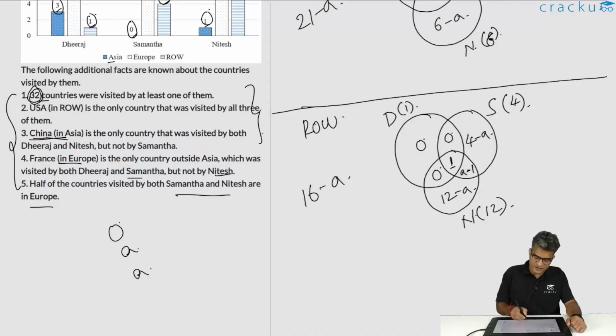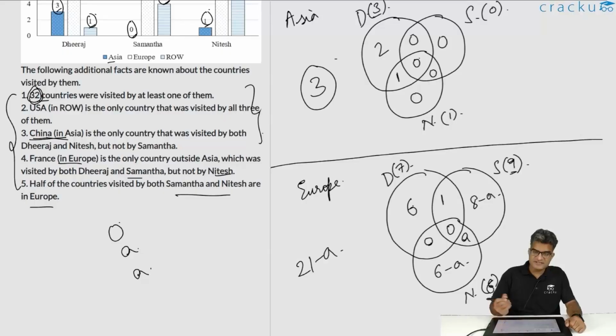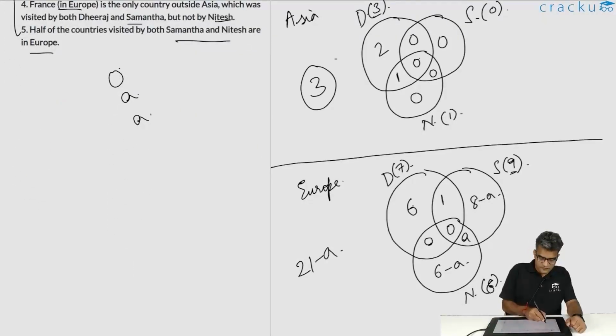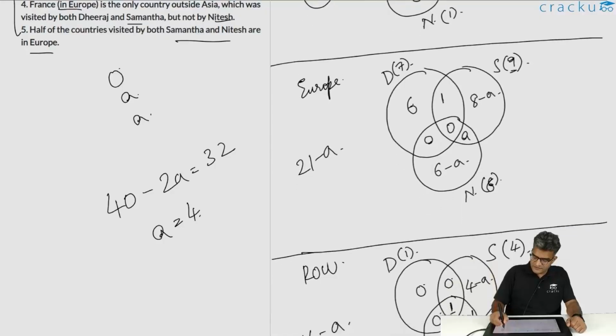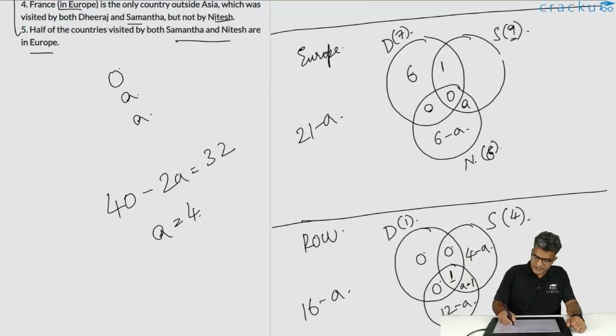The sum of all 3 of them has to be equal to 32. 21 minus A plus 16 minus A is 37 minus 2A. Plus 3 is 40 minus 2A. So 40 minus 2A is equal to 32, or the value of A is equal to 4. Once you know that A is equal to 4, we'll just substitute it over here. 8 minus A will be 4. 6 minus A will be 2.